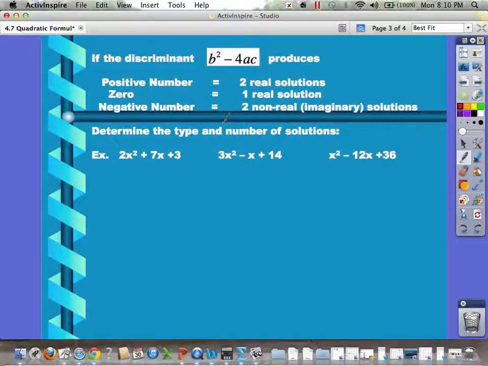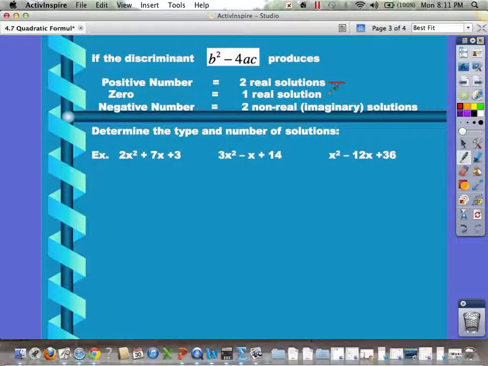All right, so if you have a discriminant and you plug in your numbers right through here, if it produces a positive number, when you finish all this and you get a number, if it's a positive number, that means it has two real solutions. Okay? If it equals 0, it's only one real solution.